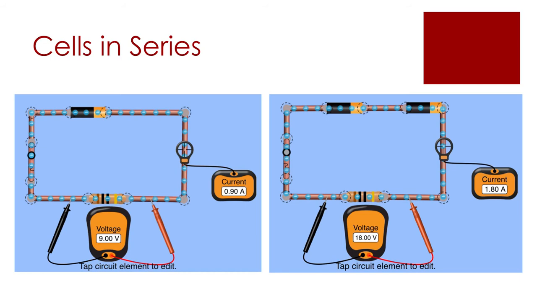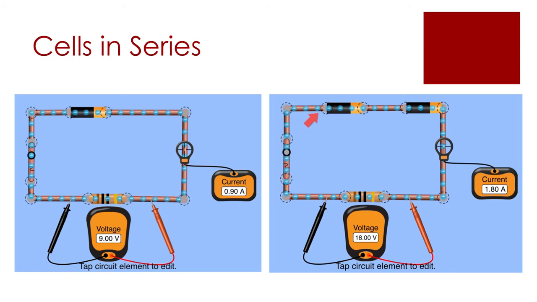Okay, so I have here that my voltage is 9 volts. That's the voltage that's being given off by my cell. And you can see I have a current of 9 amps. So what I've done in the second picture is I've used the PhET simulation site, and I've put 2 identical cells in series.